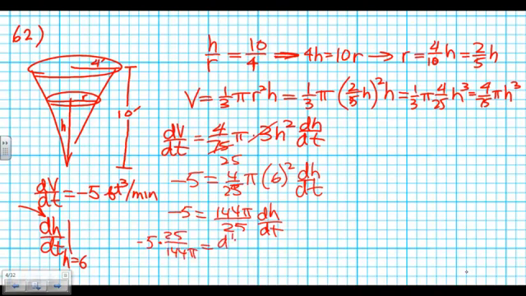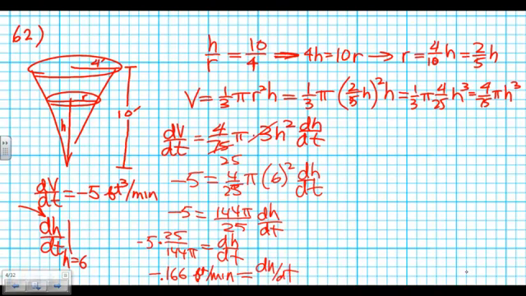is dh/dt. Isn't it asking how far it's dropping, so the negative goes away? Negative 0.166 feet per minute is dh/dt, and you're absolutely right.